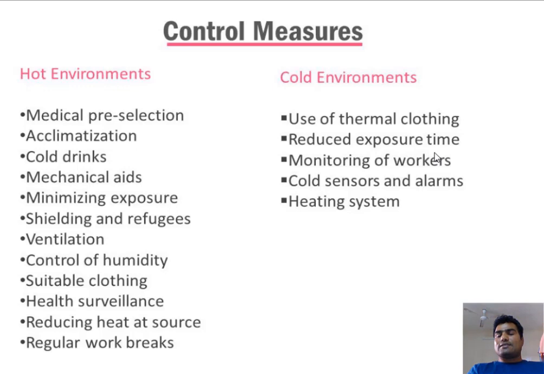And heating system, you can use AC, air conditioning, that will heat you in the cold environment. So depending upon the workplace situation, you can apply these types of control measures at your workplace. In the first column we have studied hot environment control measures, and these are the cold environment controls.